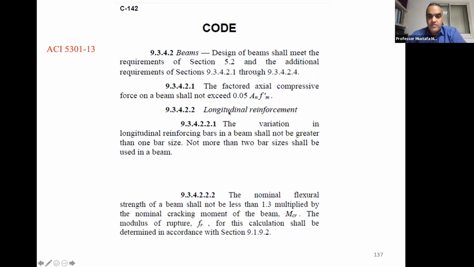Another requirement is that the nominal flexural strength of the beam shall not be less than 1.3 times the cracking moment. The cracking moment is determined from F sub R, the modulus of rupture, multiplied by the section modulus.